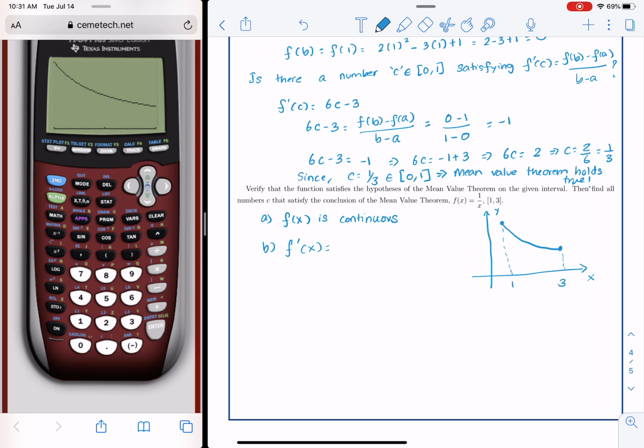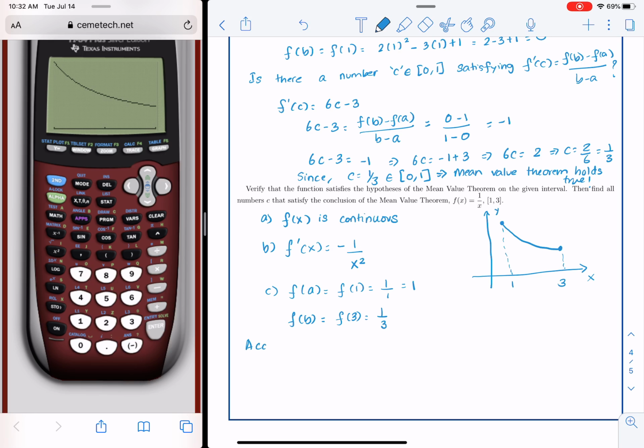Let's find f prime of x. F prime of x is minus 1 over x squared. Then we have to find f of b and f of a. F of a is f of 1. That is simply equal to 1 over 1. We get 1. F of b would be equal to f of 3. It's 1 over 3.